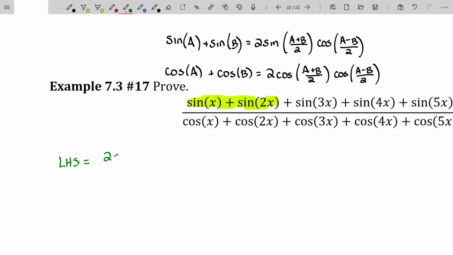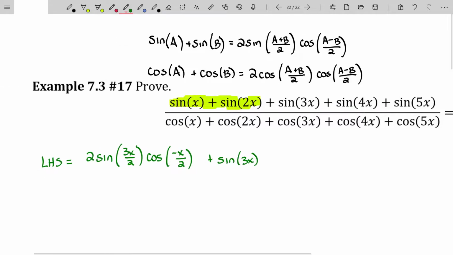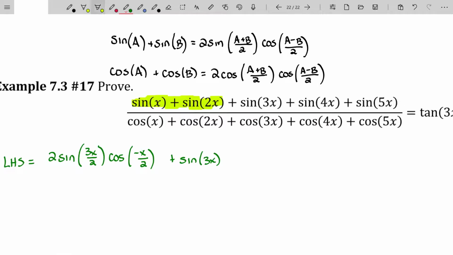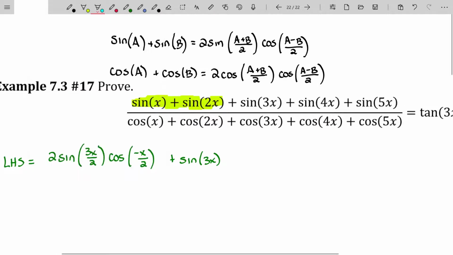Using the formula above, that's going to be 2 sine of x plus 2x, which is 3x over 2, times the cosine of x minus 2x, which is a negative x, over 2. I'm going to go ahead and just rewrite the sine of 3x, because the first term is the sine of x plus 2x. And then I'm going to take advantage of space and time here to add these two together.